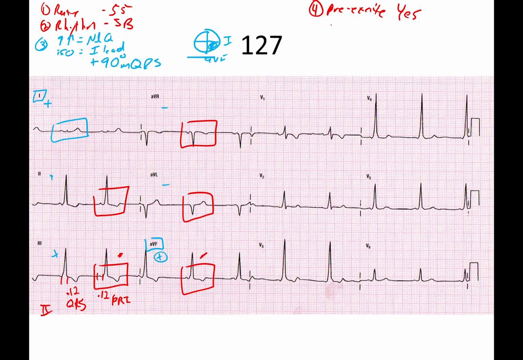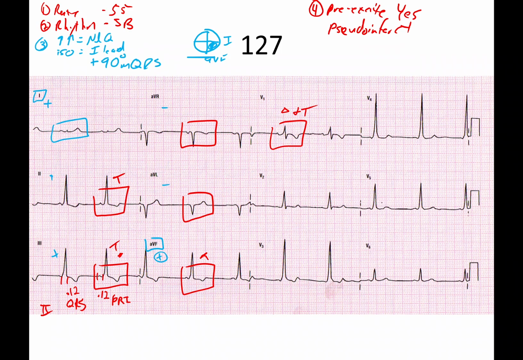Last thing is we're going to look for our pseudo infarct. And where do we have that at? Well, we have an inverted T wave here, inverted T wave. Got an inverted T wave here, inverted T waves, and this actually has a great delta wave on here.